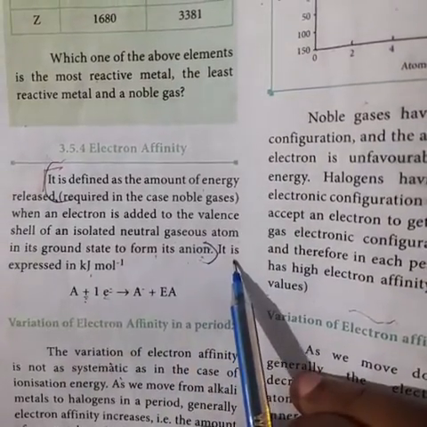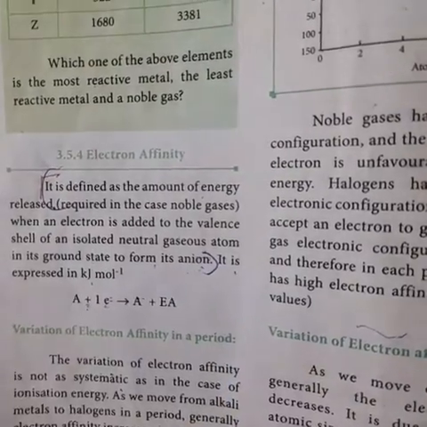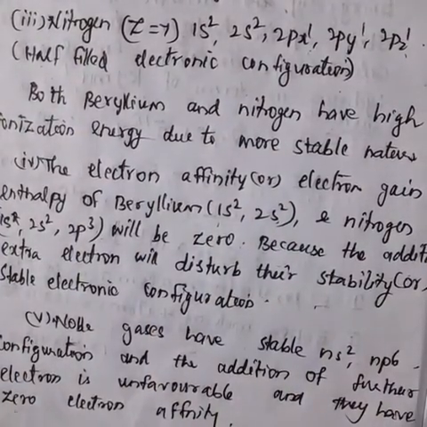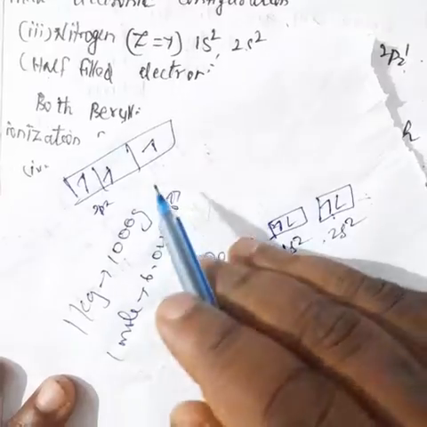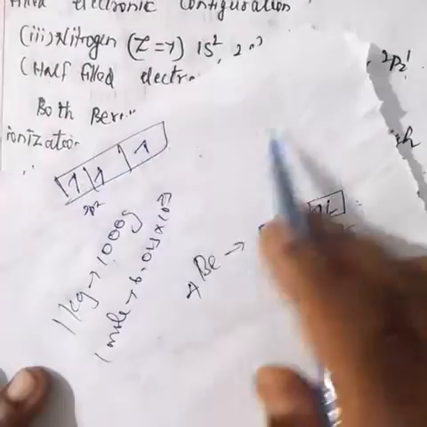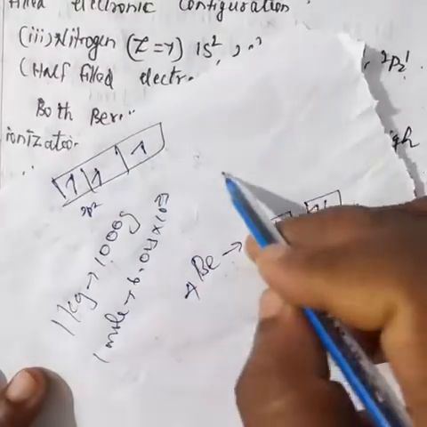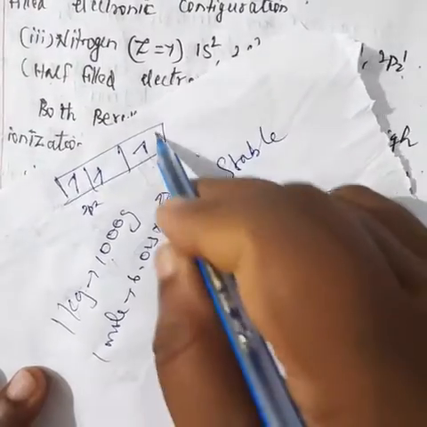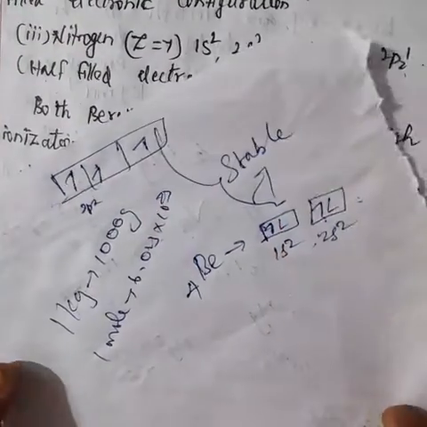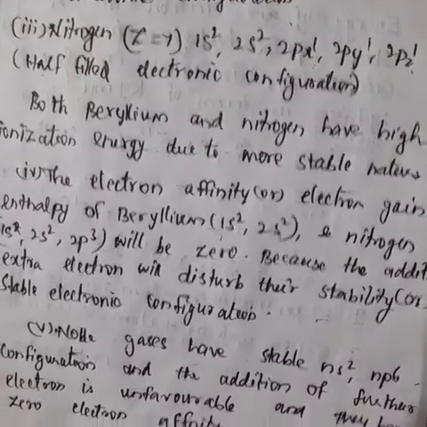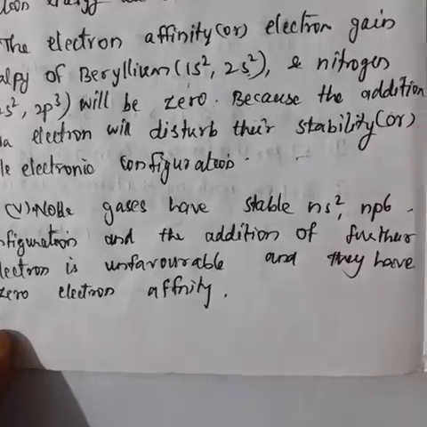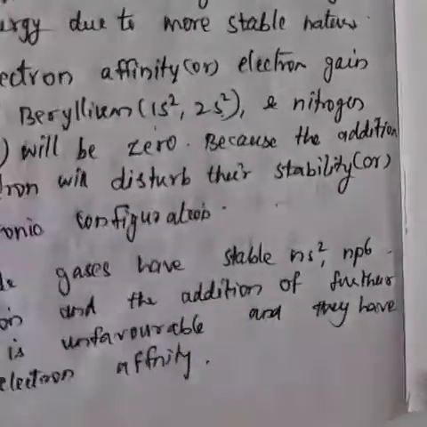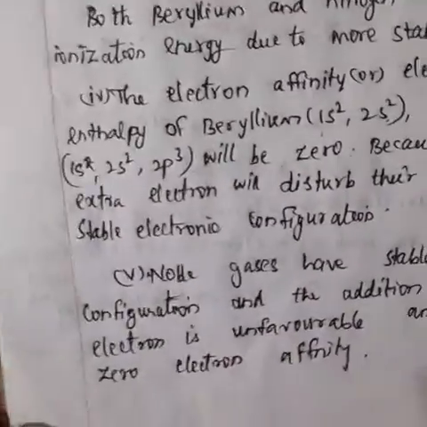Beryllium is completely filled and nitrogen is half filled, so there is no need to add an electron because they are already stable. So electron affinity will be 0 here.